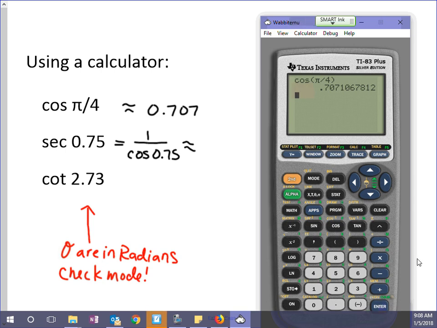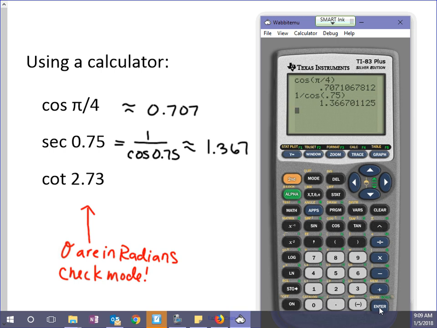Again, you can close the parenthesis for good measure. It's not going to change your answer on this one if you do or you don't. 1.367. Let us know, me or a table partner, if you're not getting the same answer. We'll look at your work and see if we can figure out what's going on in your calculator.